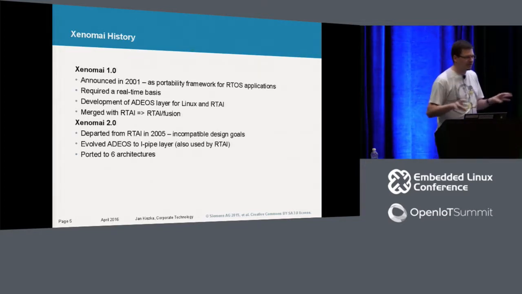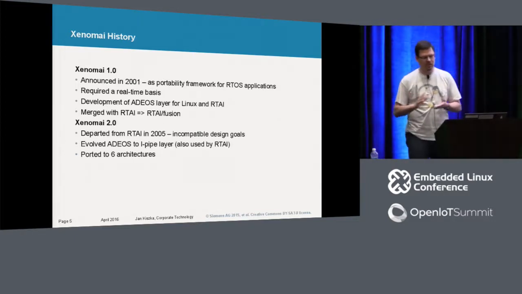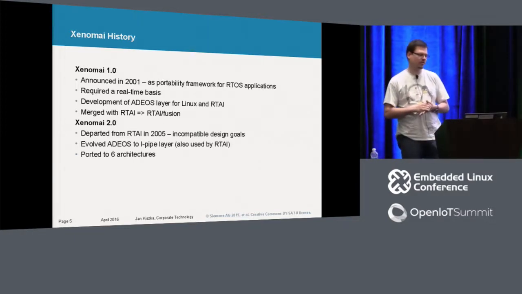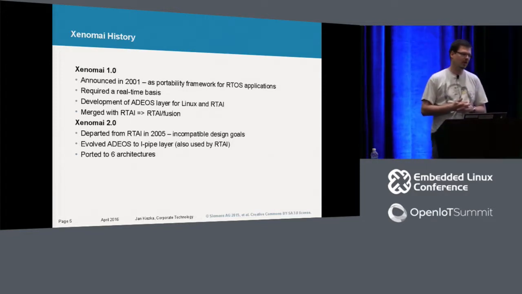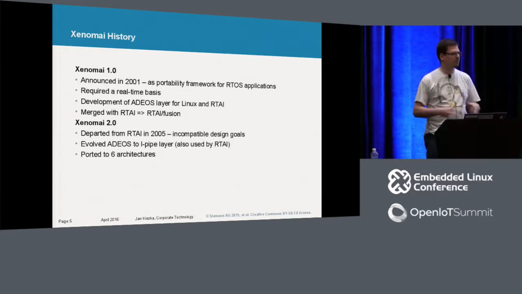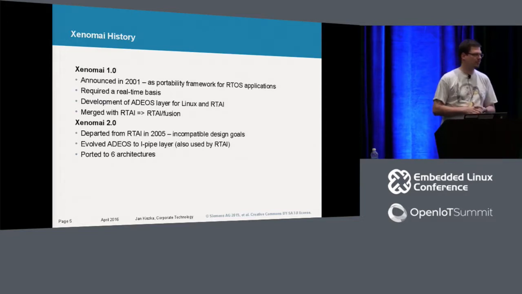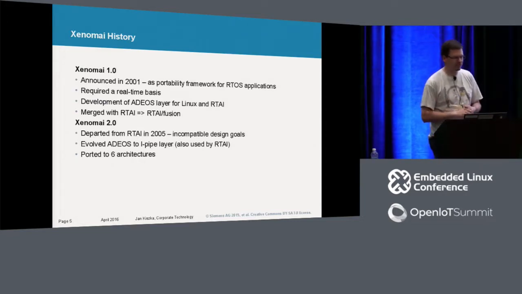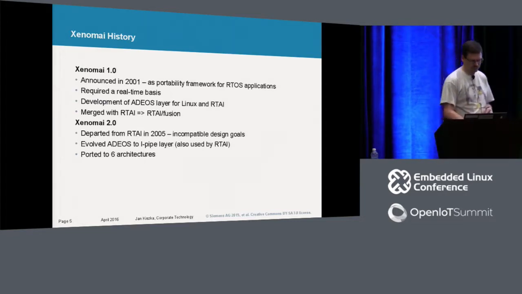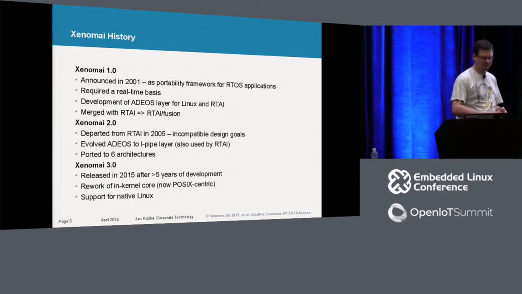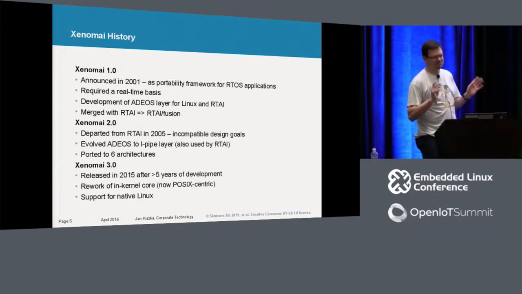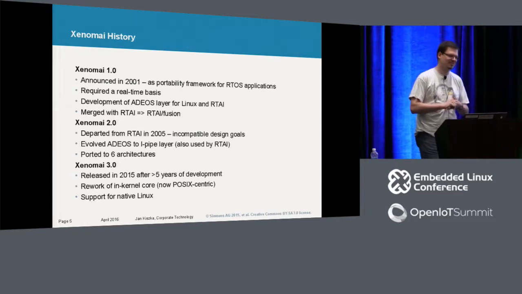This lower layer evolved further to the I-pipe layer, the I-pipe patch to the Linux system. And of course, also what grew over time is the architecture support, up to the point where we had up to 6 architectures running. And then, after just a short development phase, the Xenomai 3 release was announced last year.